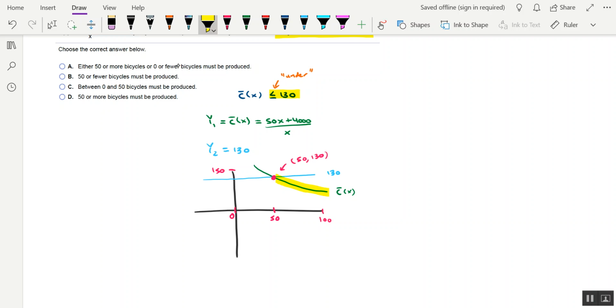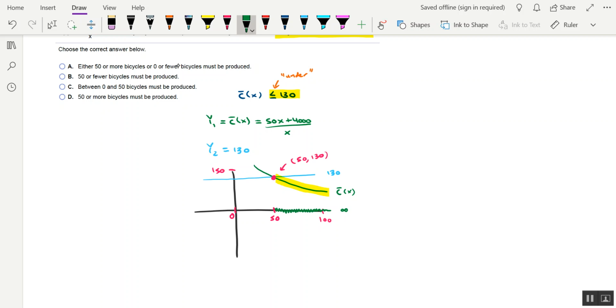In terms of solutions, we want the x values that correspond to that piece, and those x values would go from 50 theoretically up to infinity, but obviously there are real-life circumstances that wouldn't make that happen.